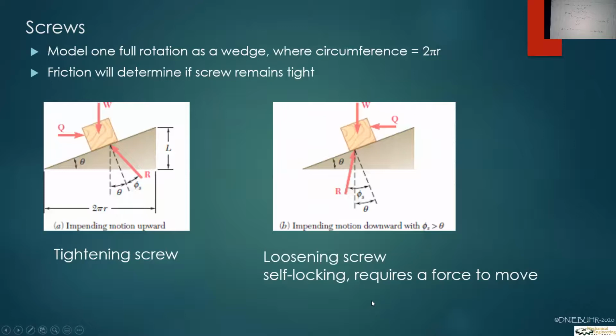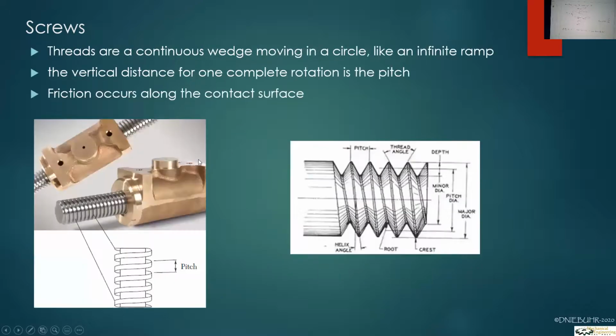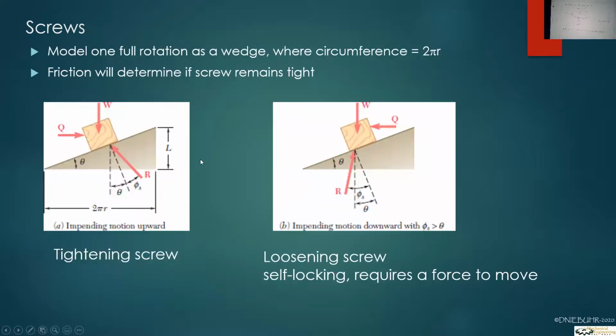Now, how do they actually work with friction? It turns out that with screws, you can model one full rotation as a wedge. In this example, you have Q and W. What do Q and W represent? Q represents the force that you're imparting.